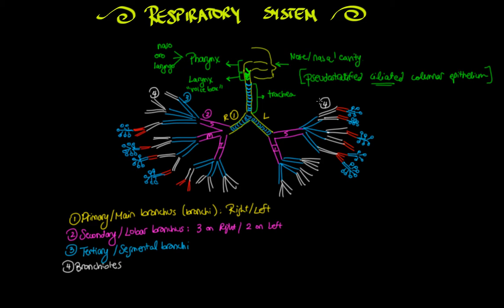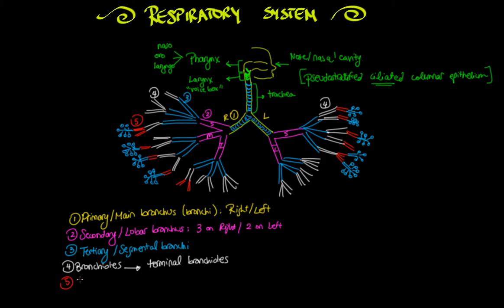Now each of those bronchioles is also going to divide even further, and give rise to what we call terminal bronchioles. Terminal bronchioles are even smaller and thinner in diameter than the bronchioles. And it doesn't really end there. Air still has to make it all the way to the alveoli, so it's going to pass on to another type of bronchiole that we call the respiratory bronchiole. So number 5 is going to be the respiratory bronchiole.